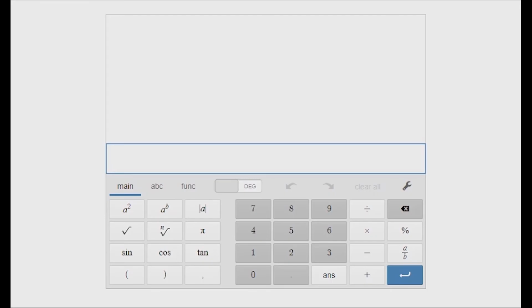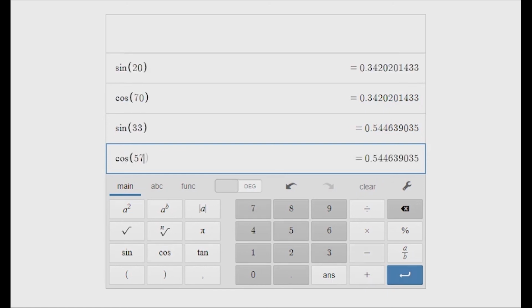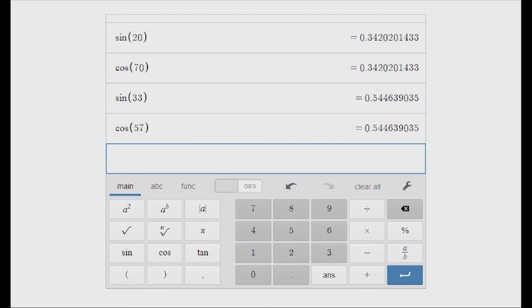You can also check the same on your calculator. For example, let's take sine 20 degree and also take cos 70 degree. Both are equal because 20 plus 70 is equal to 90 degree. Further, sine 33 degree and cos 57 degree are both equal as 33 plus 57 is equal to 90 degree.